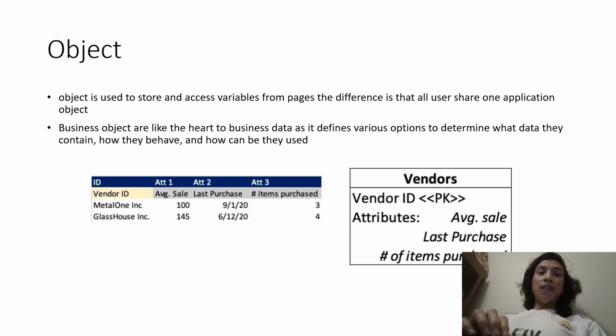Business objects are like the heart of business data, so they define various options to determine what data they contain, how they behave and how they can be used. As shown in the table, for example, while a database contains vendor, product and customer data, a data object might only contain vendor data.